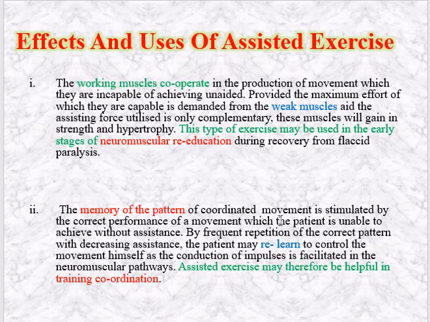The memory of the pattern of the coordinated movement is stimulated by the correct performance of the movement, which the patient is unable to achieve without assistance. By frequent repetition of the correct pattern with decreasing assistance, the patient may learn to control the movement himself, as the conduction of the impulses is facilitated in the neuromuscular pathways. So we can say assisted exercise may therefore be helpful in training coordination.